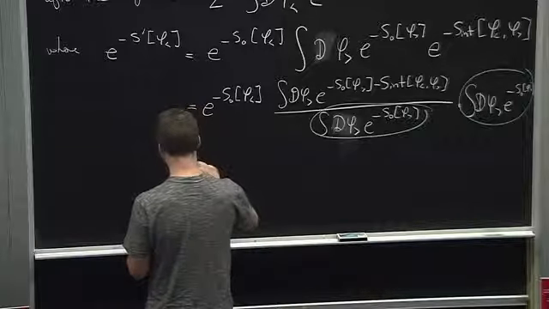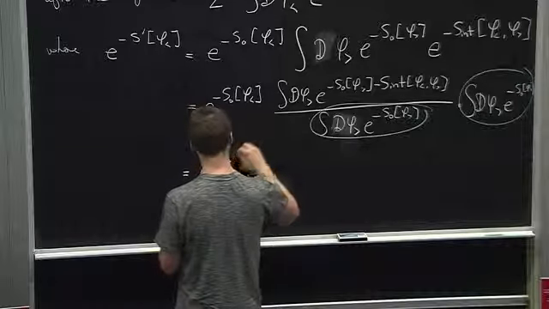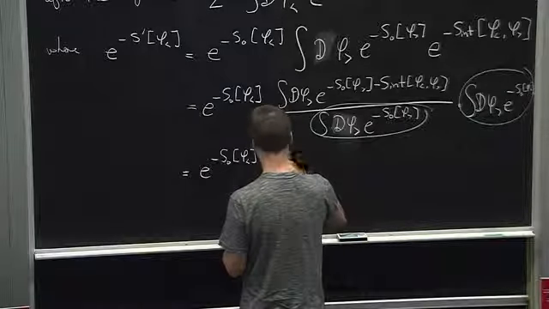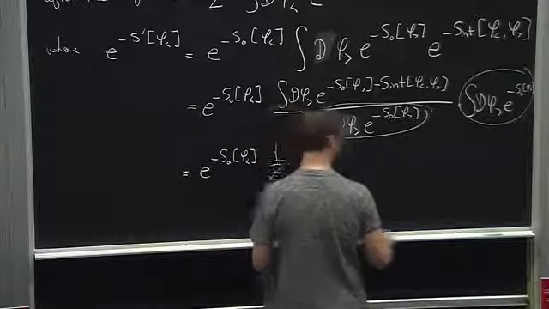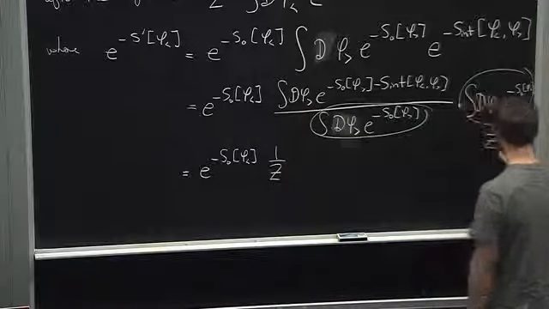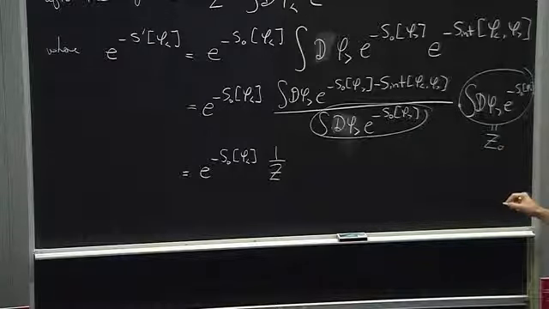Okay, so let me call this Z naught, Gaussian and fast.